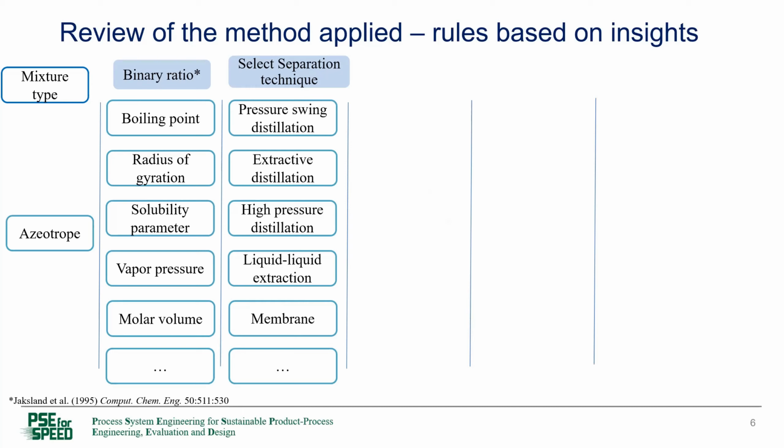Pressure swing distillation is looking at whether the isotope changes with pressure or not. So each of those binary ratio of properties gives us an indication of which separation technique could be used and whether it would be easy or difficult. If the value is close to 1, it will be difficult. If the value is greater than 1, it would be easy.